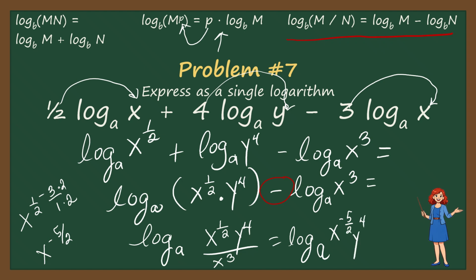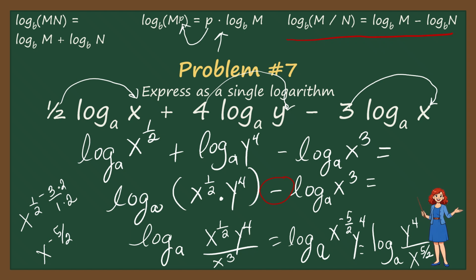And I want to go a little further because I don't want the negative exponent there. I can leave it there. That is fine as far as your answer because I didn't ask you to simplify. But I just want to go further and say that is log base a of y to the 4th divided by x to the 5/2.